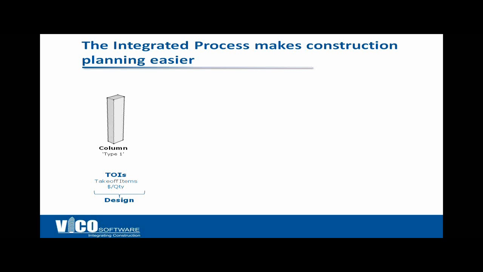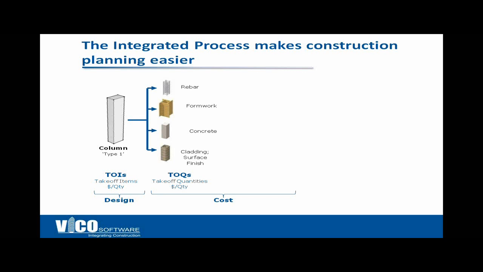Let's say there were 400 columns in this building; they'll all be grouped together. That grouping is then matched to a data structure, which we call an assembly. That assembly represents the cost information that the estimating team or the cost planning team will need to use.